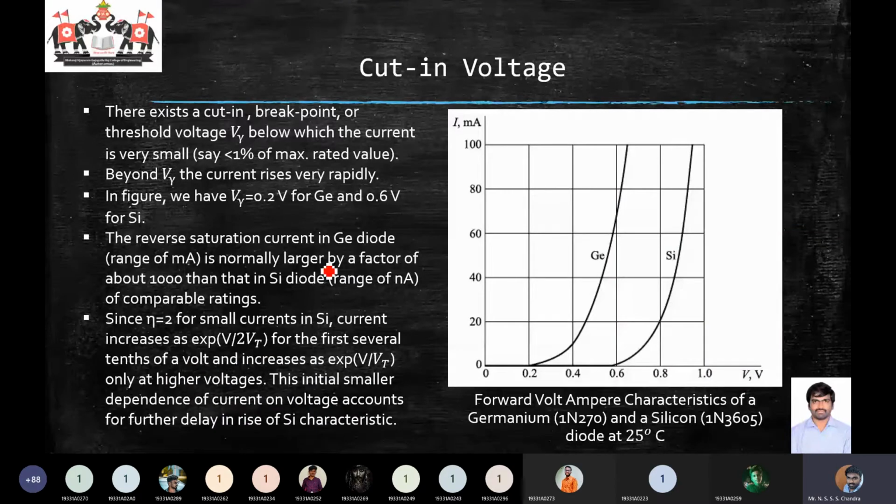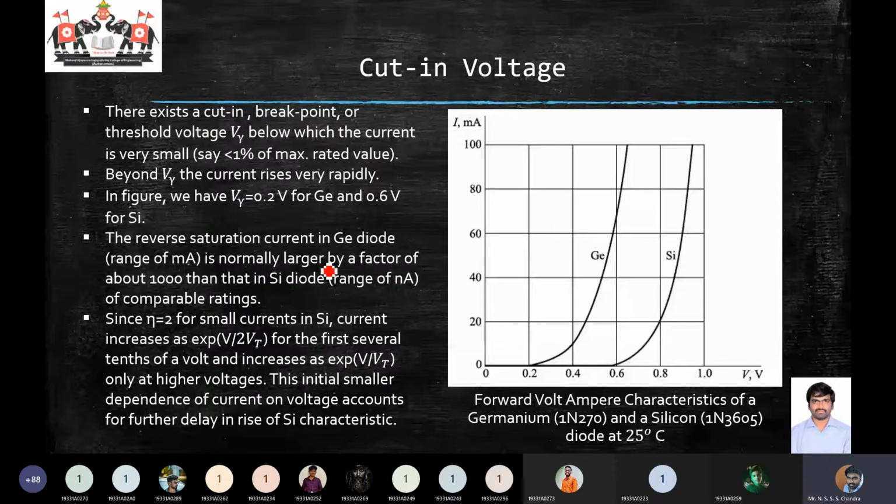If we zoom into the forward bias condition, I'm now only considering quadrant 1, in which both voltage and current are positive. That's why on the y-axis you can see the current in milliamperes, not microamperes.